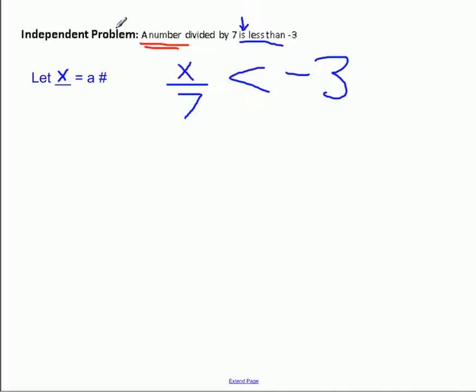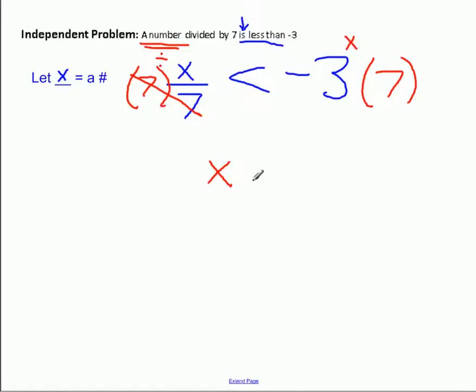All right, now I have to solve it. This is obviously a dividing problem. To undo it, I need to multiply. So I'm going to multiply both sides by what? You're right, 7. My 7s will cross out. Do I switch my sign?